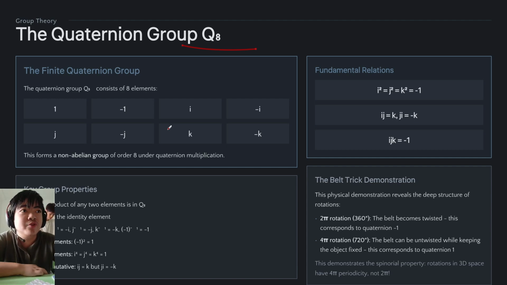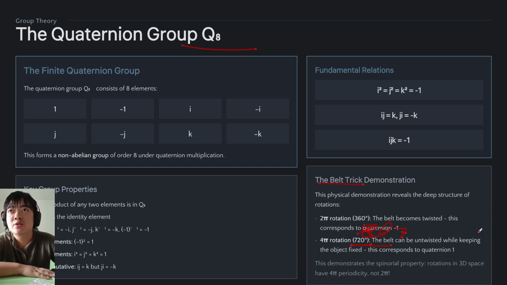And there's a striking physical demonstration, the belt trick. It shows that in 3D space, a full rotation is not 360 degrees, but 720. A spinor property perfectly modeled by quaternions.